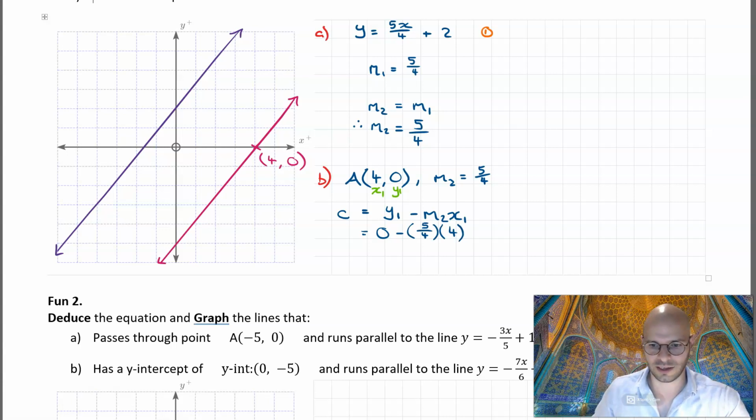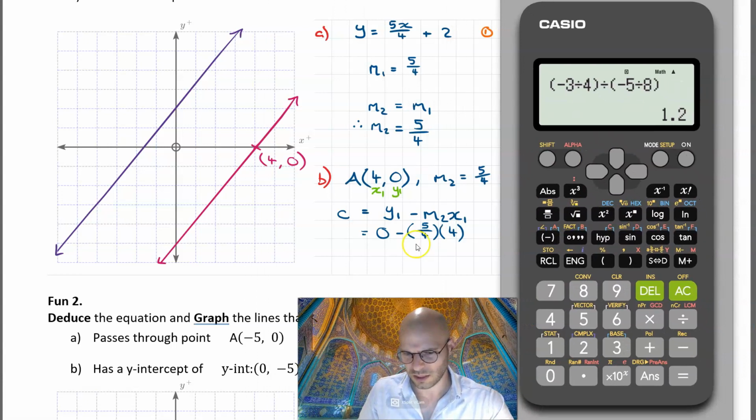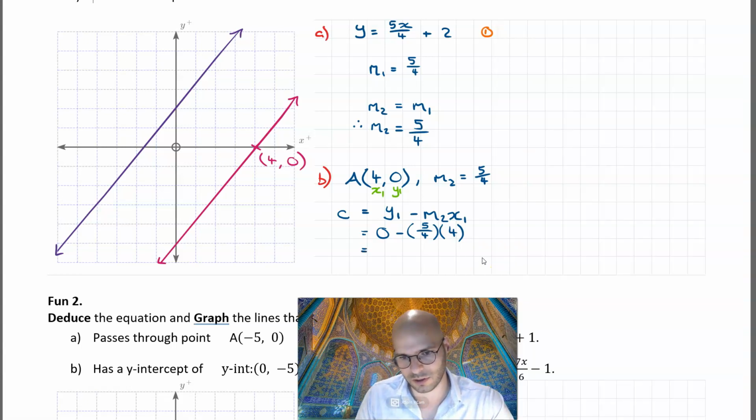Now putting this together, up we come to our calculator, and I simply put in this expression. So 0, take, open brackets, 5 divided by 4, close it off, open them again, put in the 4, close it, equals. And what you can see is that my y-intercept is now equal to 5.